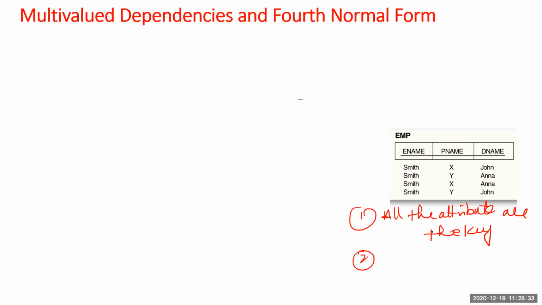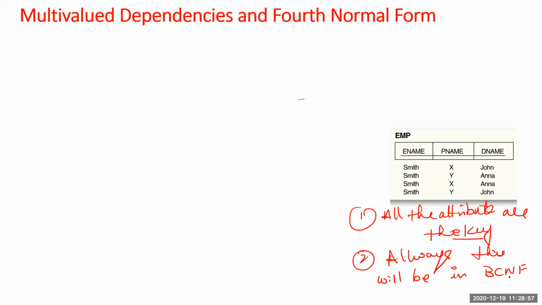Second one, when all the attributes are key, then always this will be in BCNF. Always that table will be in BCNF because I can't generate any FDs here, because all the attributes are key here.